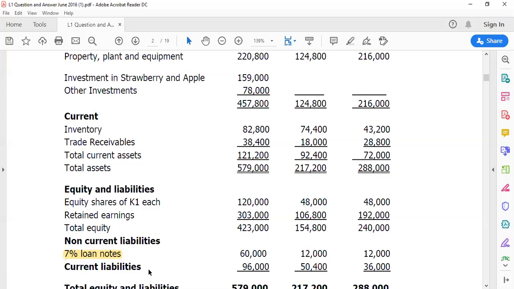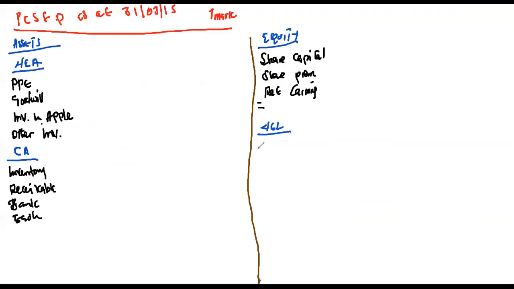Then current liabilities, we just have one. So we go back and right there, under non-current liabilities, we are going to include the 7% loan. And then we just have one, fortunately.